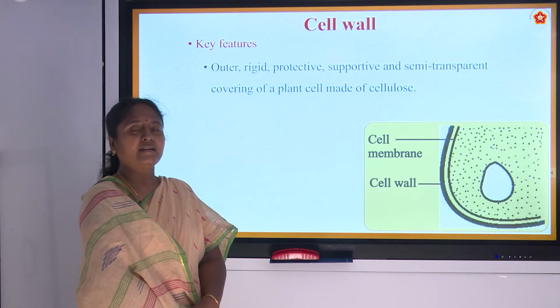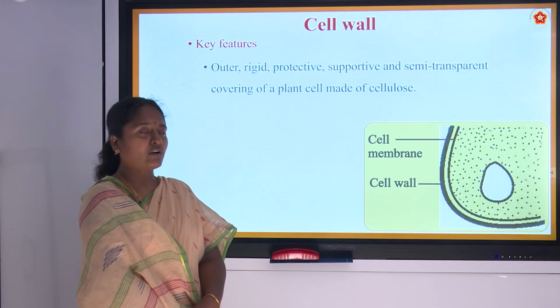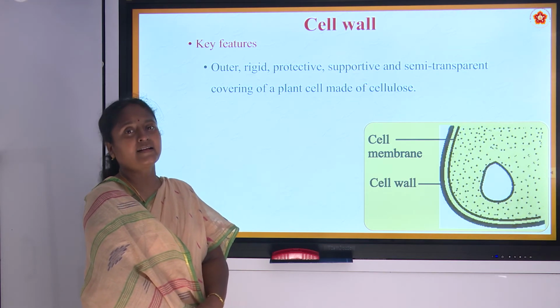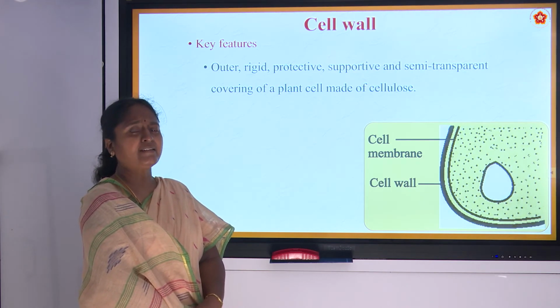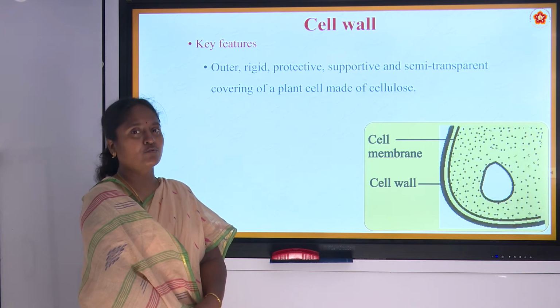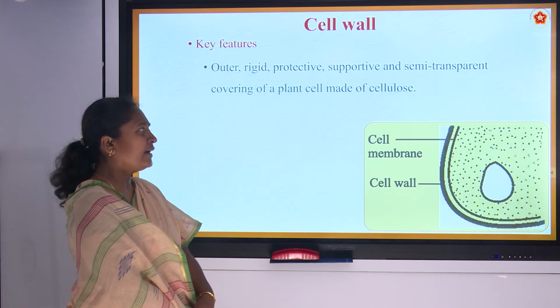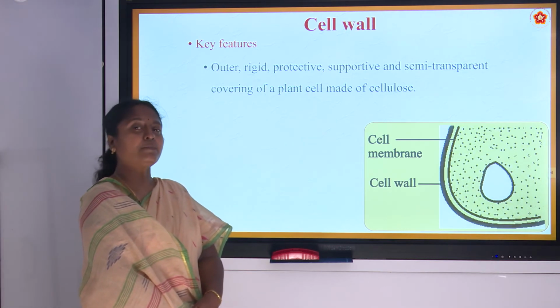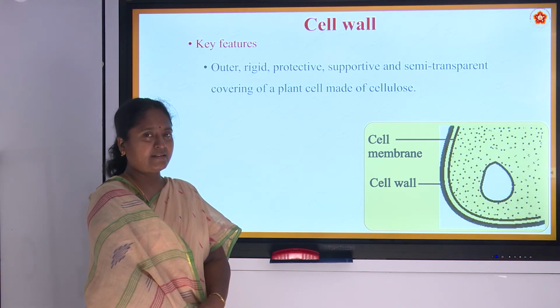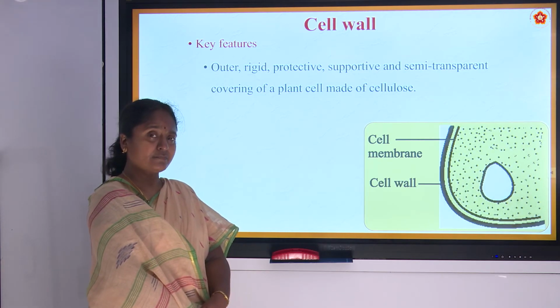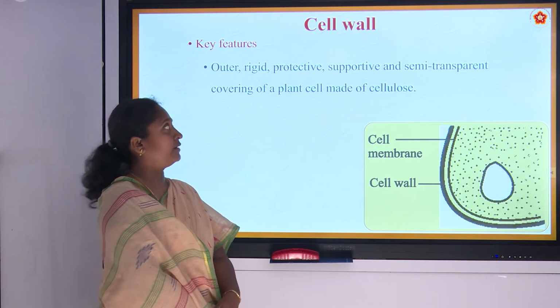Similar to that, it is a very complex carbohydrate which is known as cellulose. These are known as polysaccharides. Polysaccharide means many repeated units of glucose will be present, okay, as in starch, and similar to that, cellulose is also one of the polysaccharides which is present only in the plant cells, in the outermost cell wall.